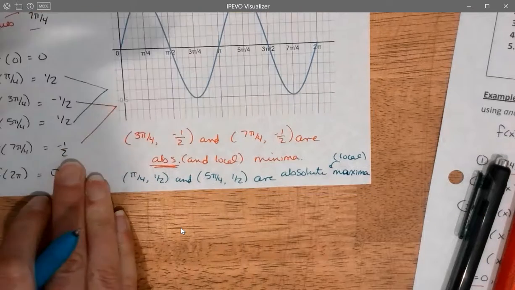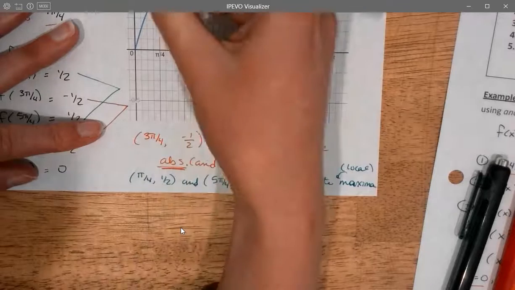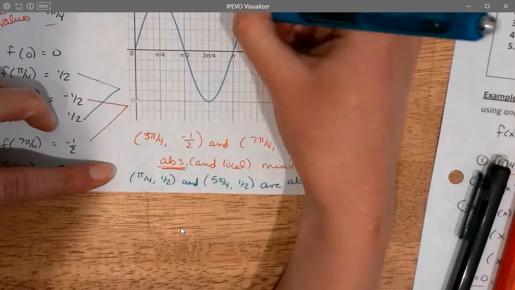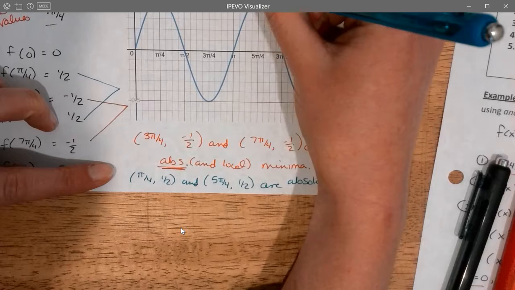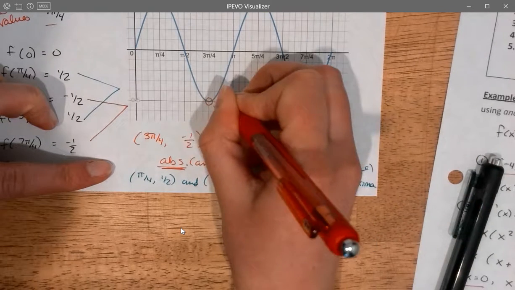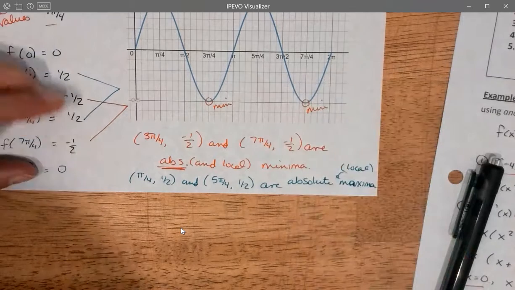And again, I only know they're local because they're interior points. So let's check. We got it right. That's a max, and so is it at pi fourths. And our 2 minima are at 3 pi fourths and 7 pi fourths. So, good.